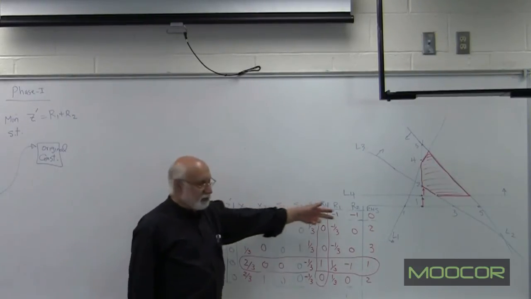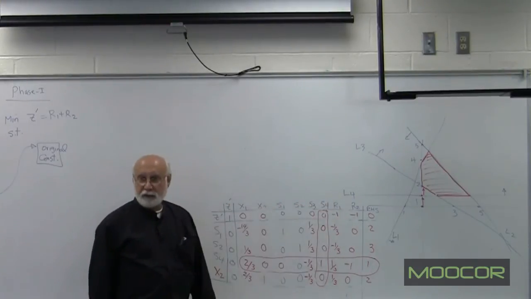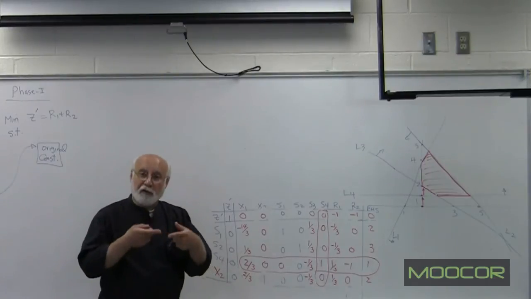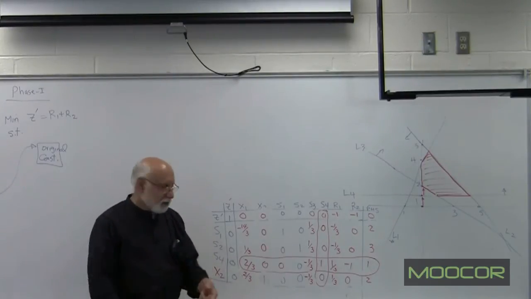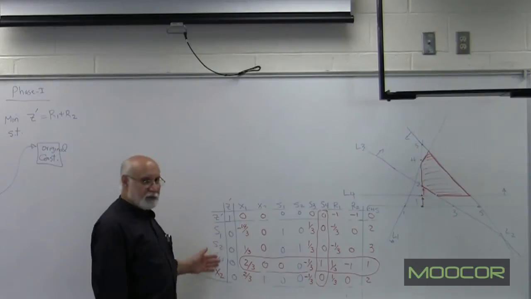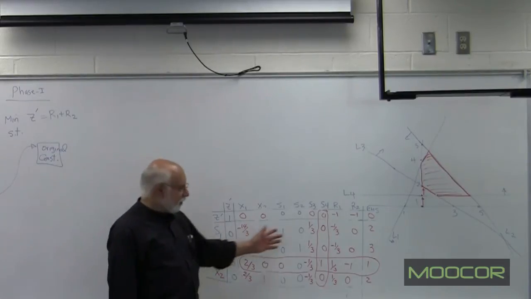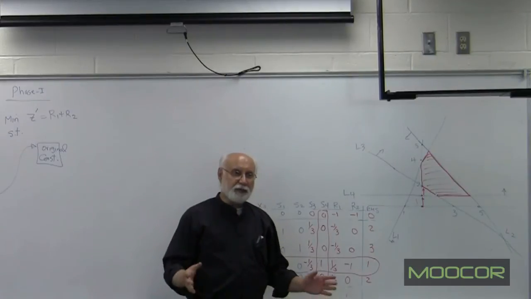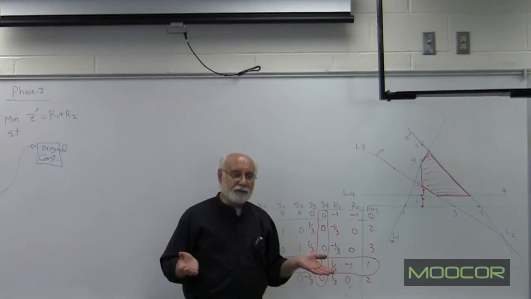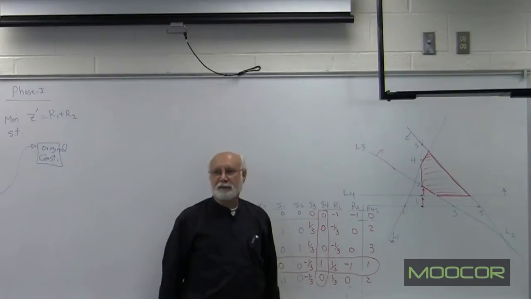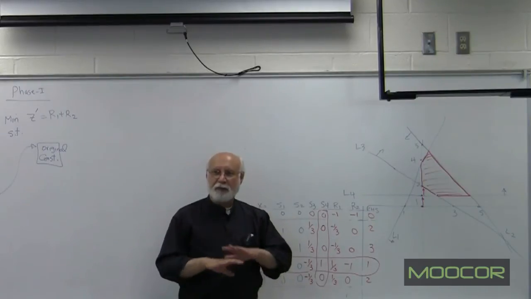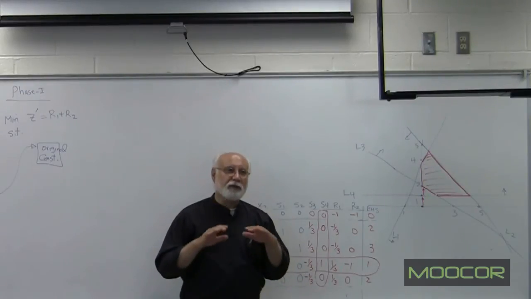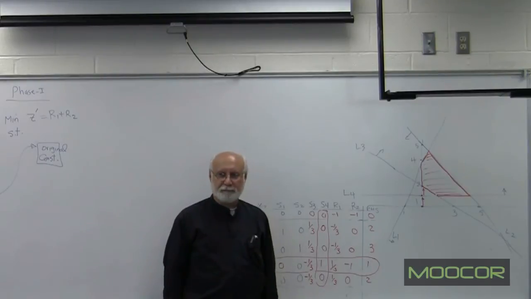You have all negative numbers in here, so you can't go any further, but you still have r's in here with values greater than 0. That's when you declare the problem infeasible. You stop analysis. You say the problem is infeasible.